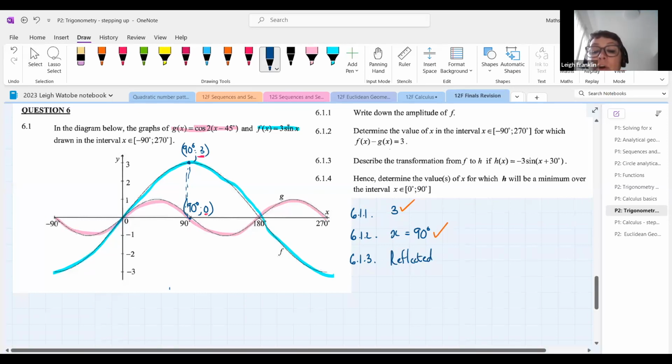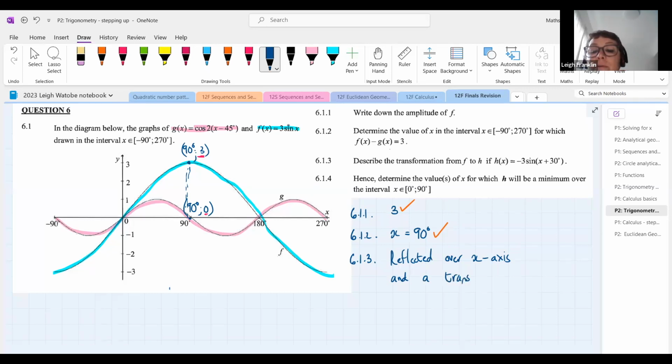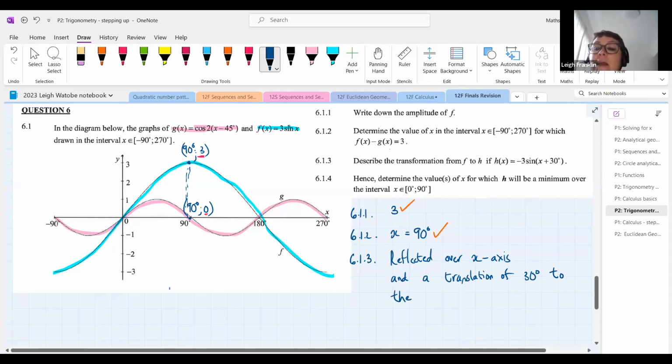So reflected over the x-axis and a horizontal shift, or translation, of 30 degrees to the left or right?